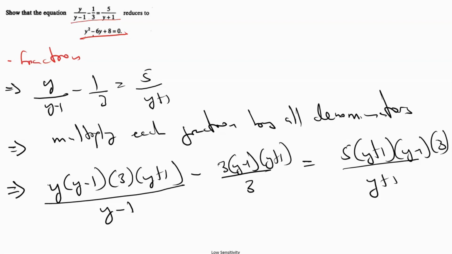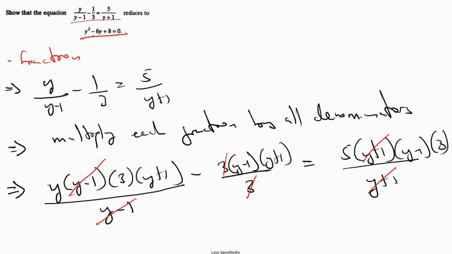Right, so this is what we have so far. We can simplify this easily. This y minus 1 will cancel this y minus 1. This 3 will cancel this 3. This y plus 1 will cancel this y plus 1.